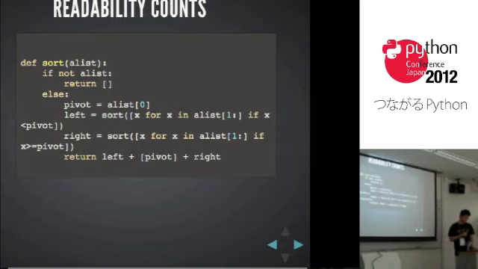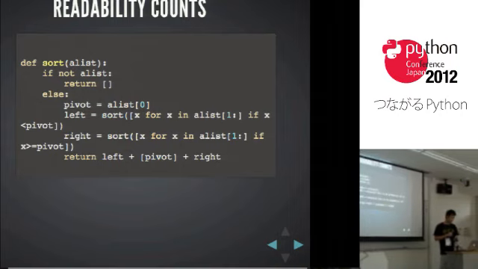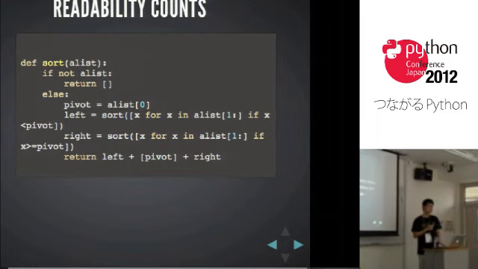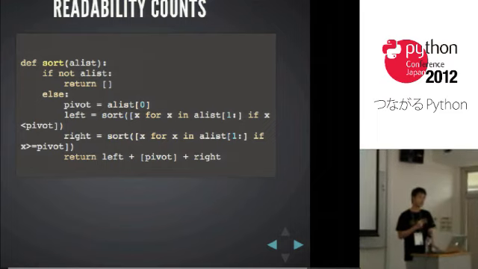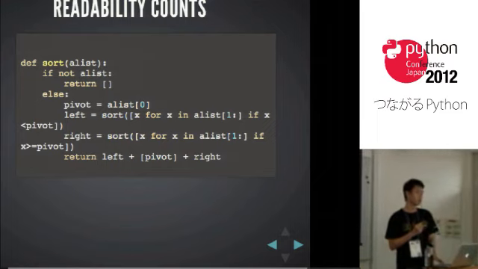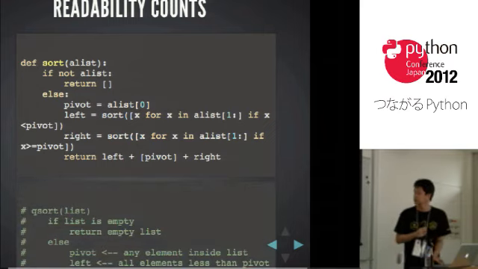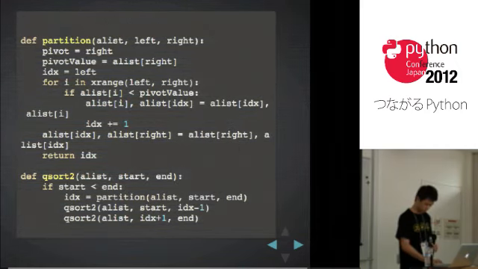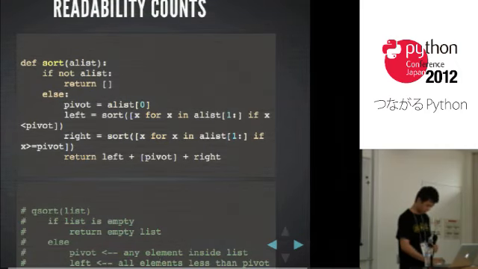Okay, let's start with some simple sorting algorithms. Can anyone figure out what sorting algorithm this is? Say again. Quicksort? Yep, it's correct. Sorry, why is the screen a bit small here?